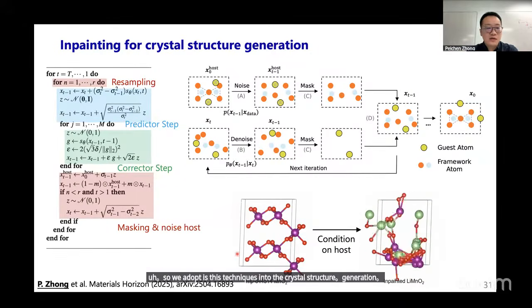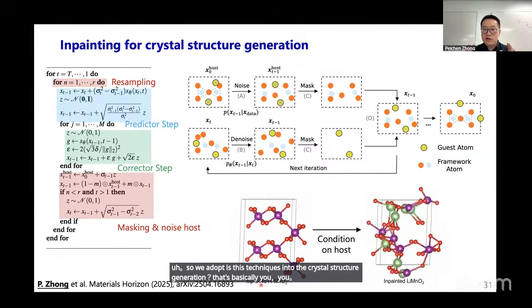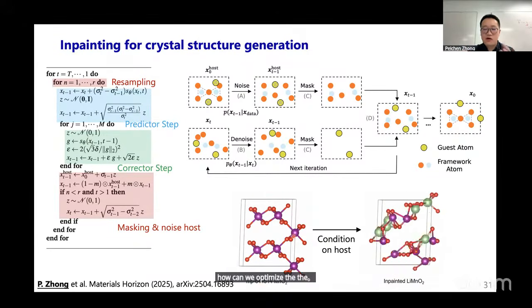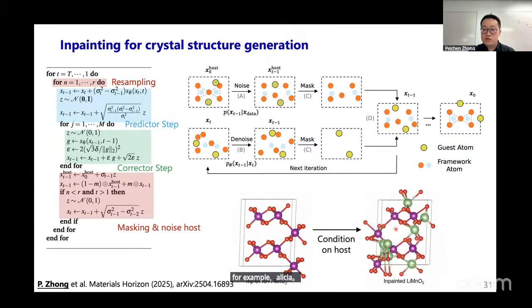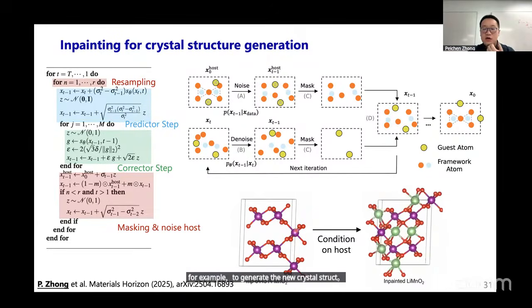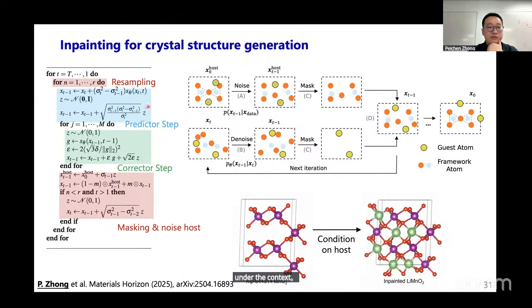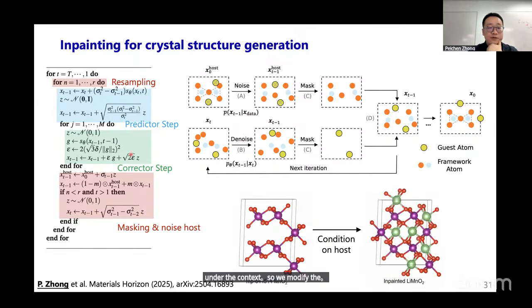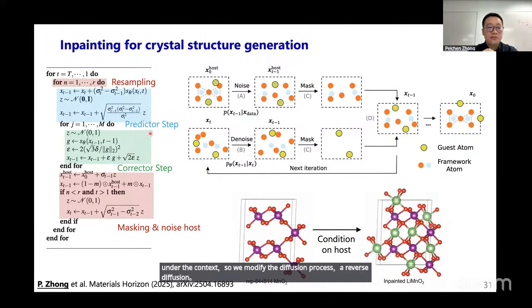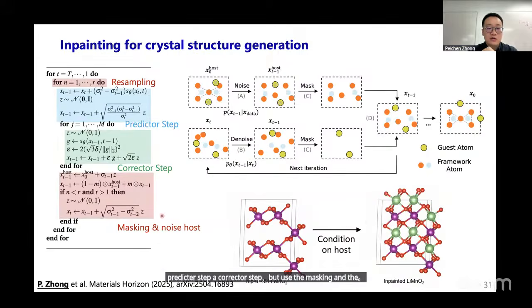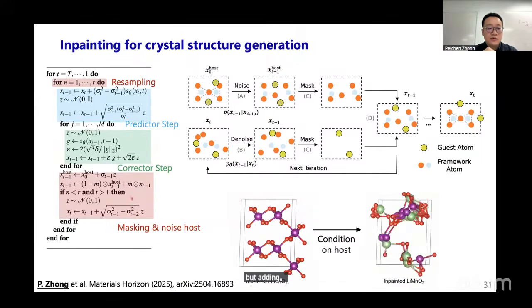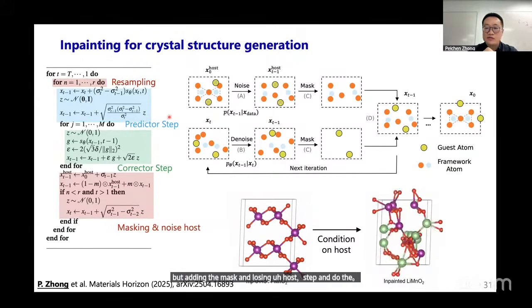Basically, you give a host. How can we optimize the remaining part, for example the lithium, to generate new crystal structures under that context? So we modify the reverse diffusion process, keeping the predictor step and corrector step, but using masking and noising, by adding the masking and noising host step and doing the resampling several times.